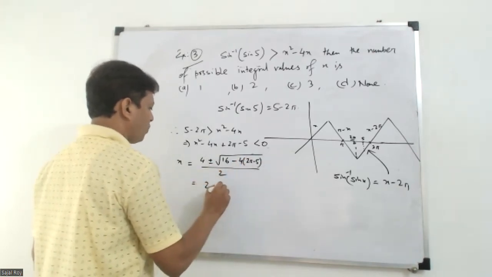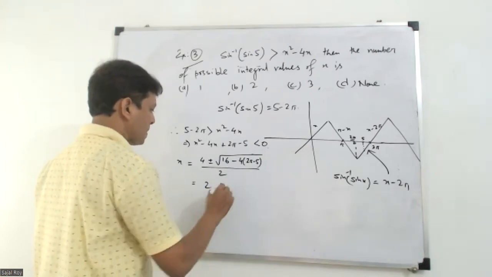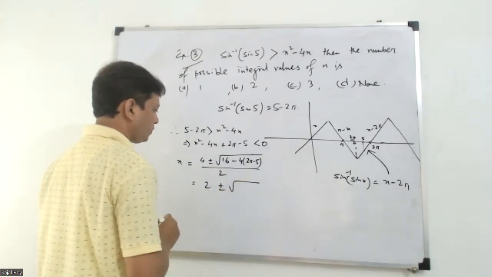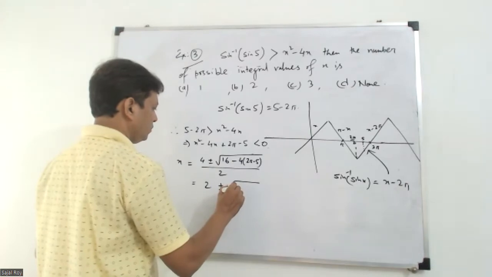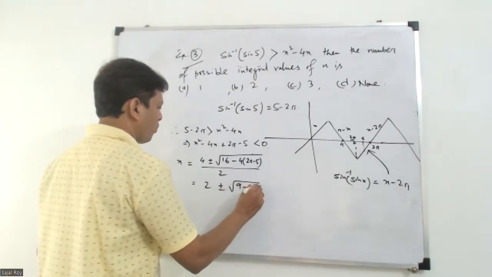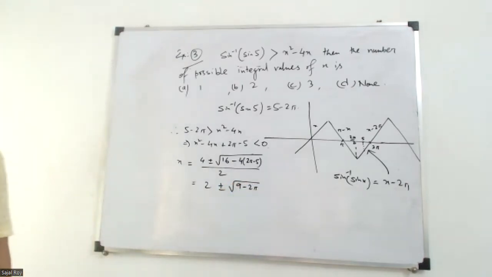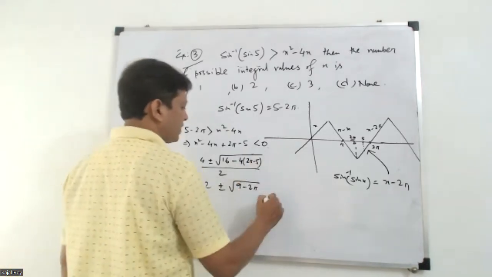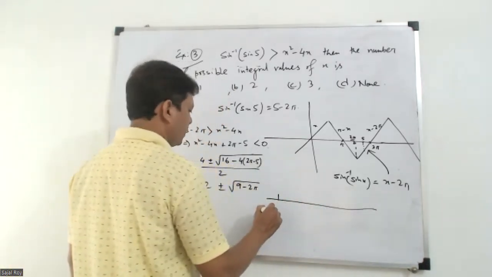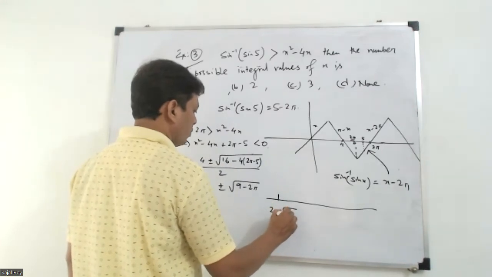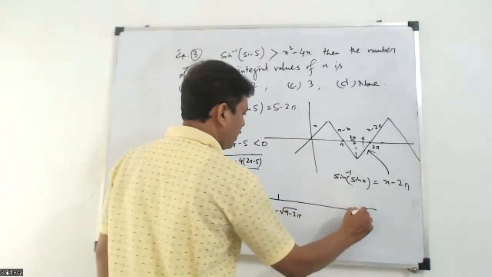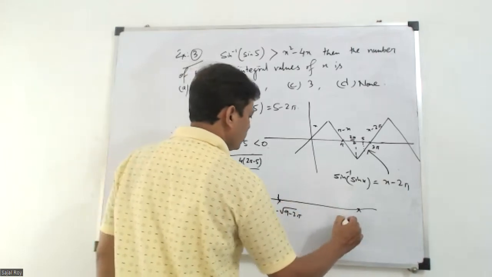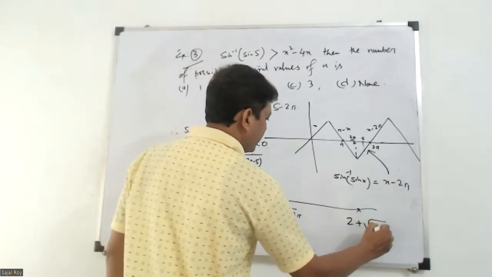So it's 2 plus minus root over 9 minus 2 pi. So it's between 2 minus root over 9 minus 2 pi and 2 plus root over 9 minus 2 pi.